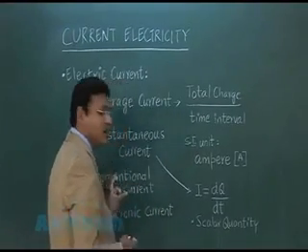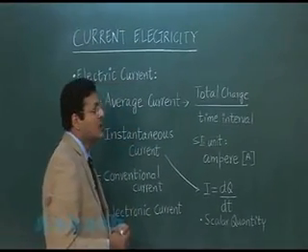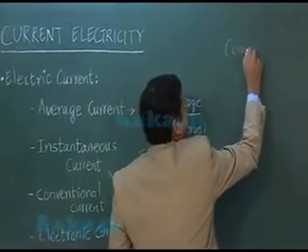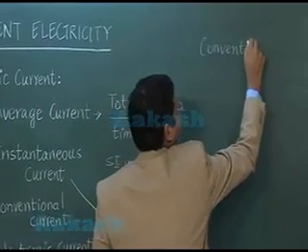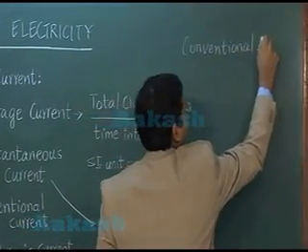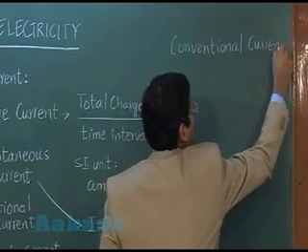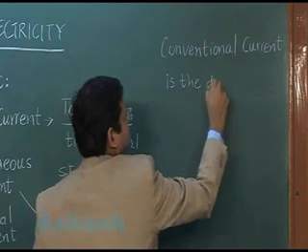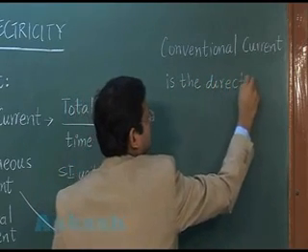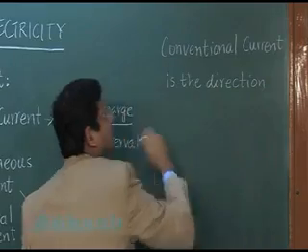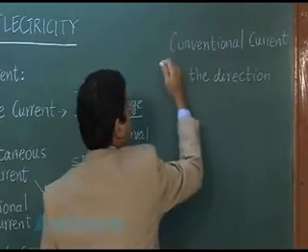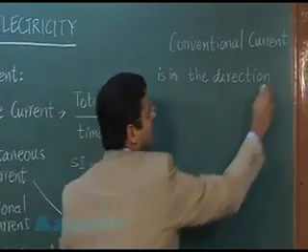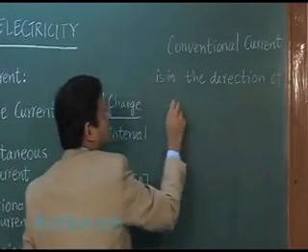Now, if you talk about conventional current, then remember that conventional current is taken in the direction of positive charge flow.